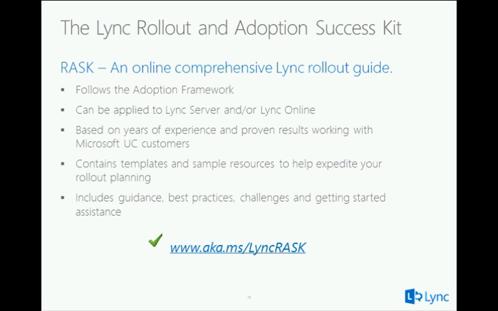It follows the adoption framework that I just spoke about. It can be applied to Lync Server or Lync Online. So some people may be working with Lync Online as part of O365. Other people may have purchased the server software and the client licenses, and they're going to actually deploy it on their very own servers. So we've got tools in there for both.